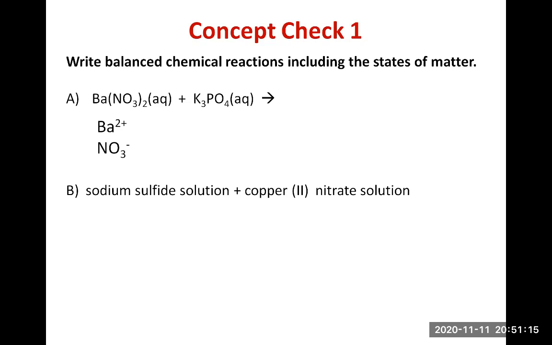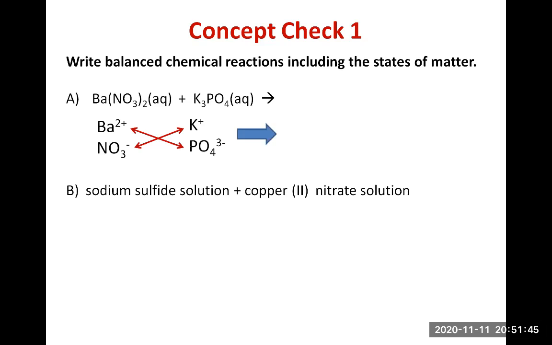The other compound is made of K plus, from group 1A, so it's one positive charge. And then we recognize PO4 as the phosphate, PO4 with three negative charges when it's the ion. So let's do the exchange of partners here. So Ba will mingle with the phosphate, and then the potassium with the nitrate.